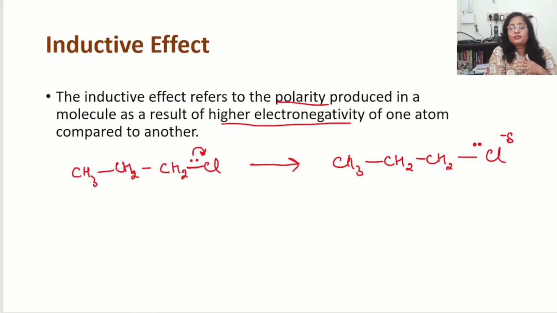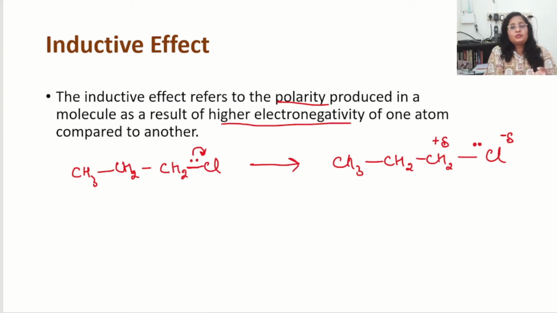And because of that shifting, carbon will acquire a positive charge because it has fewer electrons than it can have. So this partial positive charge and partial negative charge, or we can say this kind of partial polarity of electrons between the two elements in a compound, is called the inductive effect.